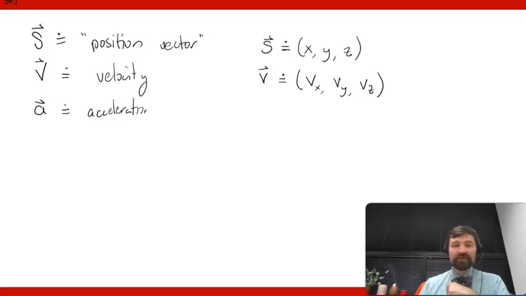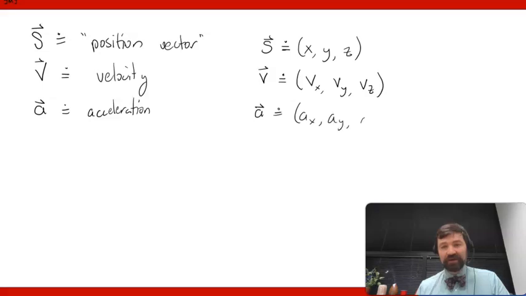And we can add subscripts like I for initial. So here's your acceleration vector. It would have an AX, an AY, and an AZ.